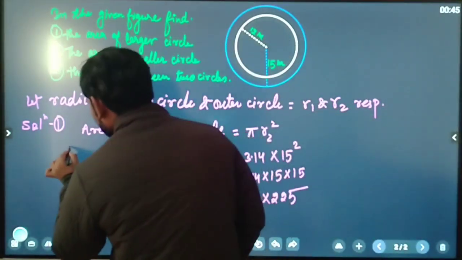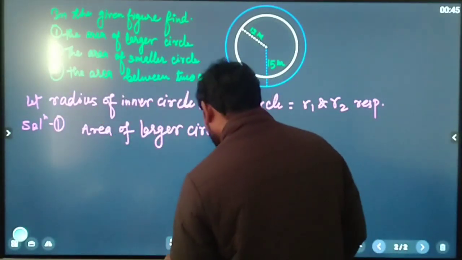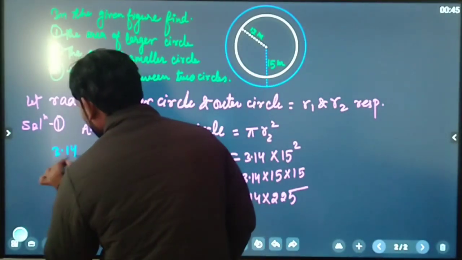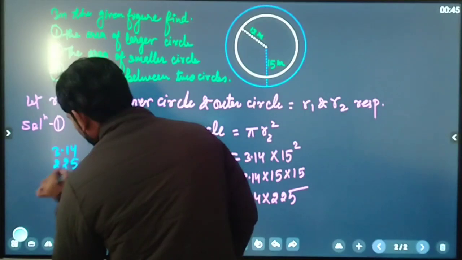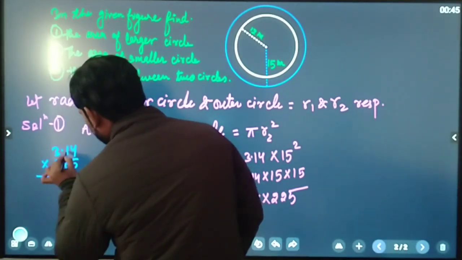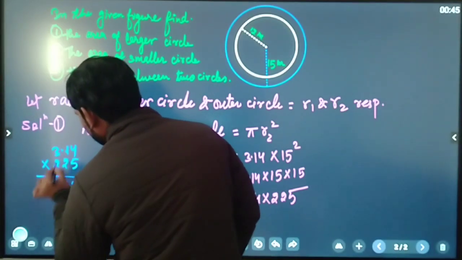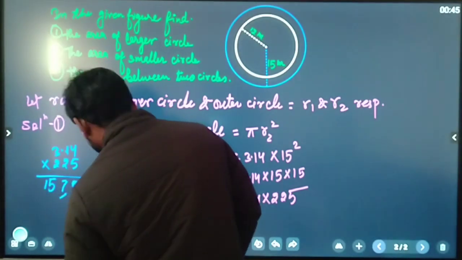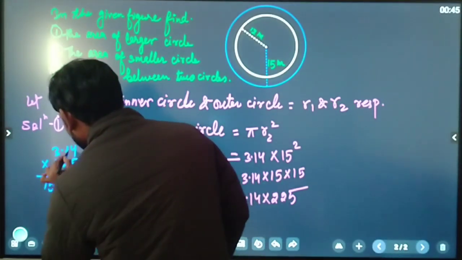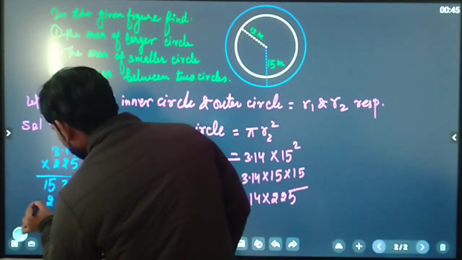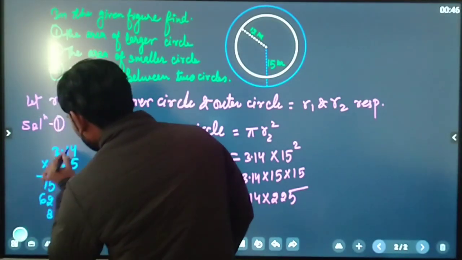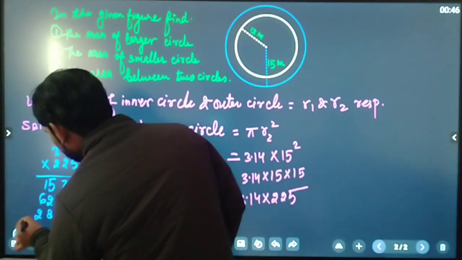So here we write 3.14 and 225. Now multiply: 5 times 4 is 20, carry 2; 5 times 1 is 5, plus 2 is 7; 5 times 3 is 15. Then 2 times 4 is 8, 2 times 1 is 2, and 2 times 3 is 6.